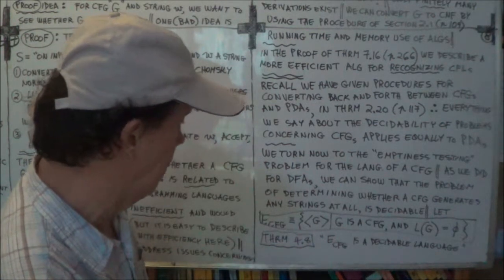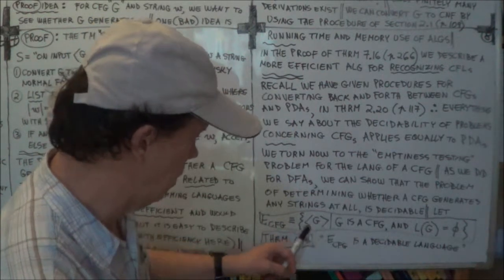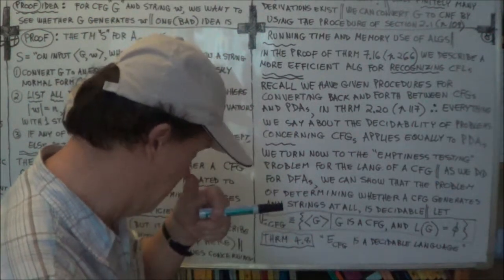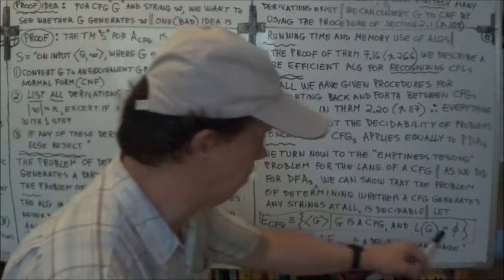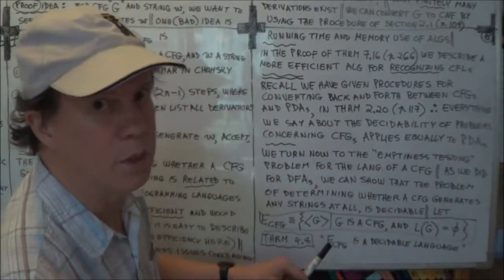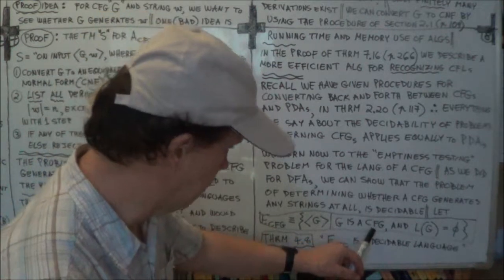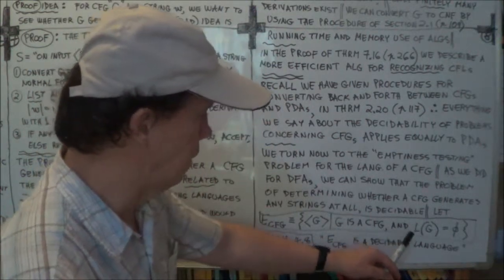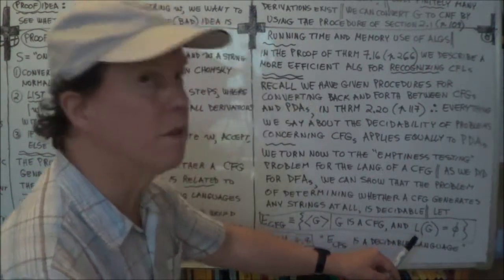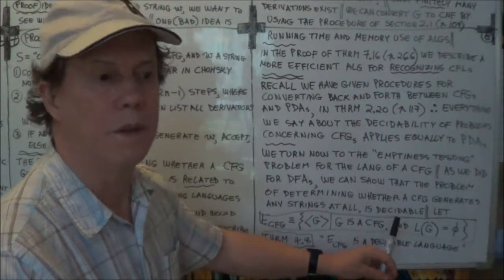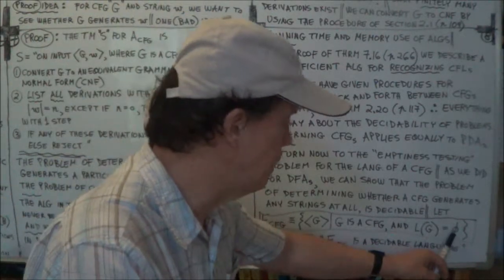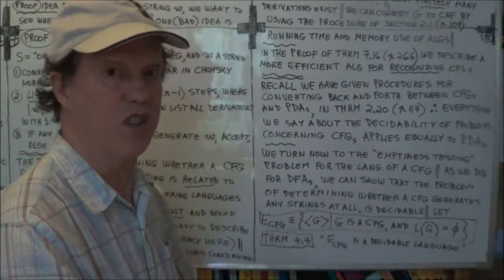This string belongs to this language if, and here are the conditions of membership of the set, G is a context-free grammar, and the language that it generates is the empty set. In other words, it doesn't generate any strings at all.